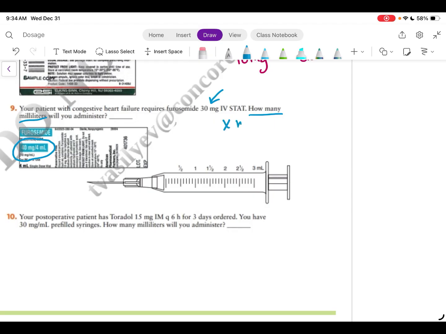So X milliliter, 1 milliliter is 10 milligrams, and it's right there. And then 30 milligrams is my order. So this becomes 30 divided by 10, which is 3. Okay.